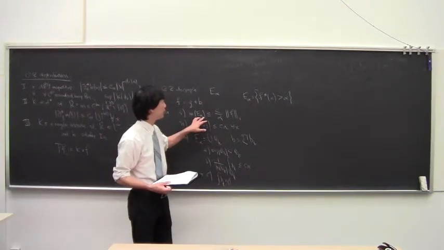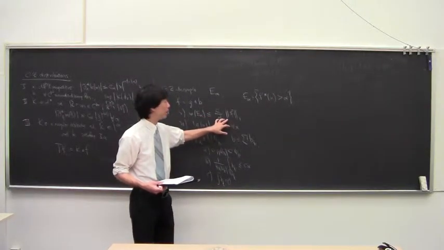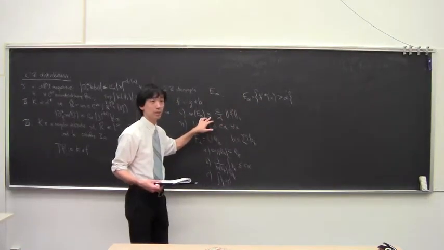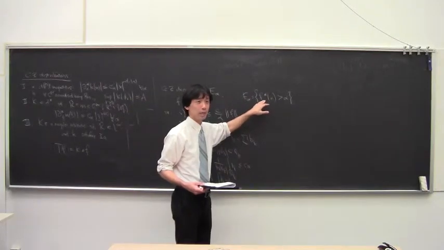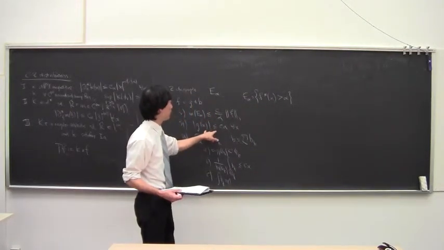And by the weak type estimate for the Hardy-Littlewood maximal operator, you get this bound. We know from before, by our Vitali covering lemma, that the Hardy-Littlewood maximal operator is weak type 1-1.